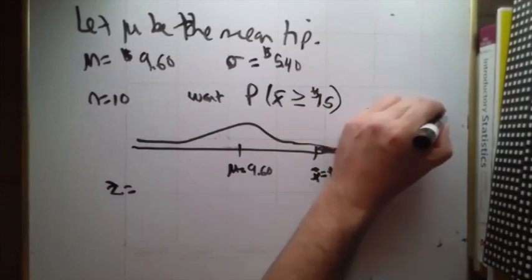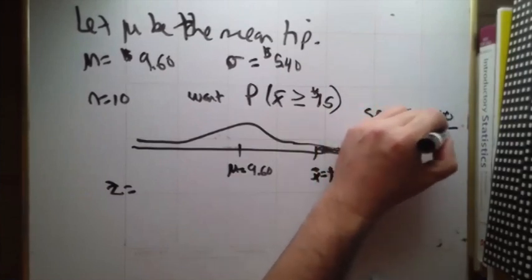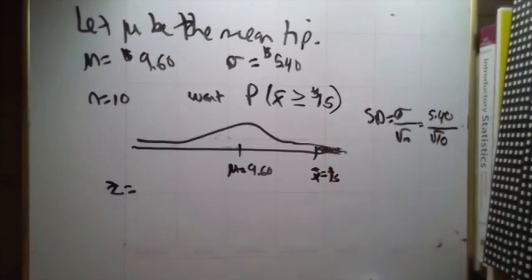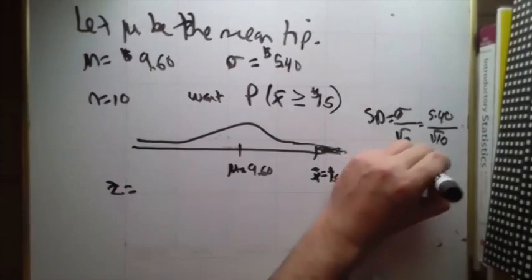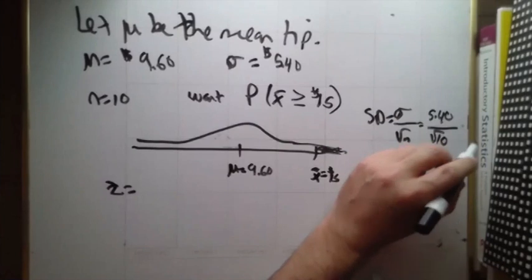So 540 divided by the square root of 10 is 1.771.